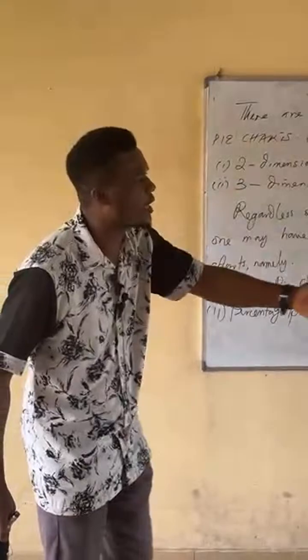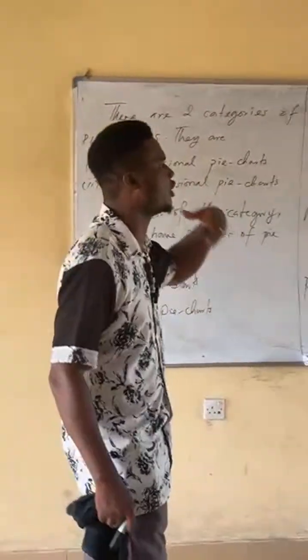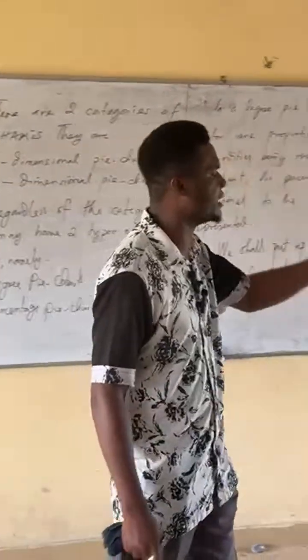Now, class, what am I saying? You may put your pens down if you have written up to that point. Please listen and listen good. So what I'm saying in essence is this. Story number 1 under pie chart. What is a pie chart? A pie chart is a pictorial representation of data.